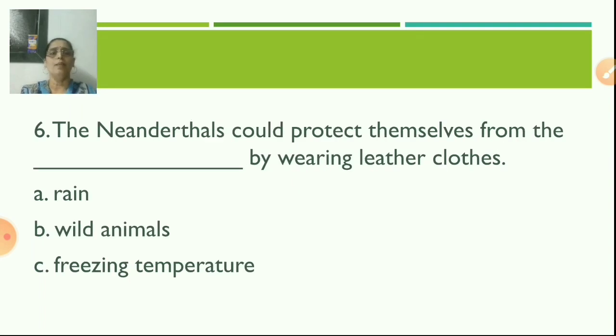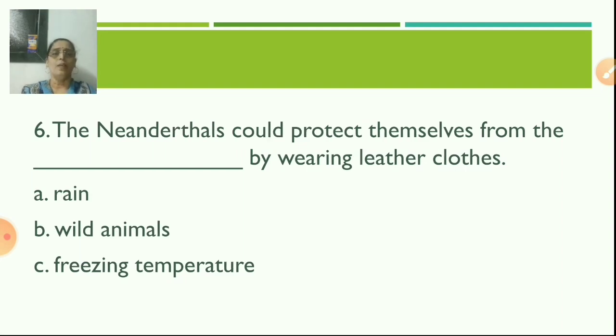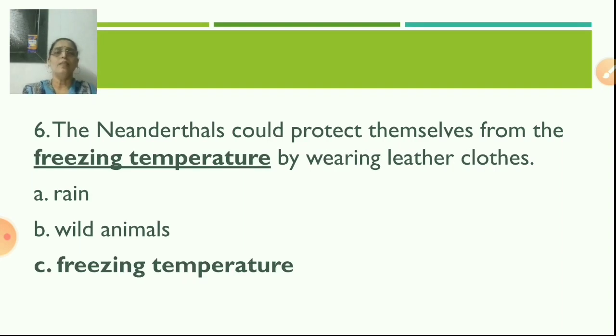Okay. Now the next. Sixth, the Neanderthals could protect themselves from the dash by wearing leather clothes. Options are A. Rain, B. Wild animals, C. Freezing temperature. And your answer is C. Freezing temperature. So students, the Neanderthals could protect themselves from the freezing temperature by wearing leather clothes.